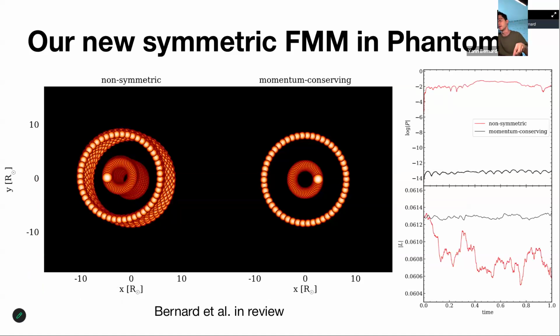As you might have seen in the presentation of Daniel this morning, we completely remove the problem of the drift in polytrope binaries evolution, with a very good conservation of the linear momentum, close to machine precision, but also a much more accurate, much more conserved angular momentum as well.